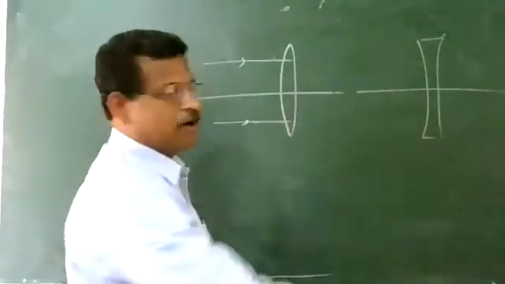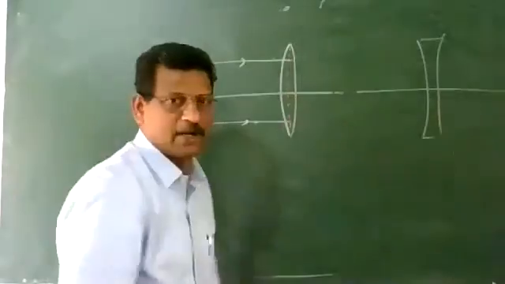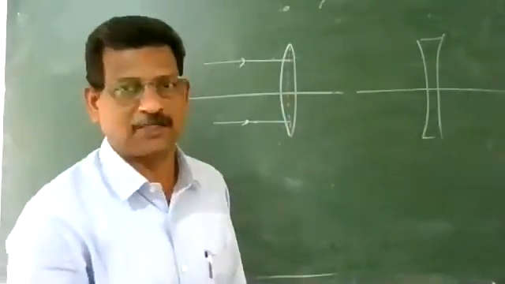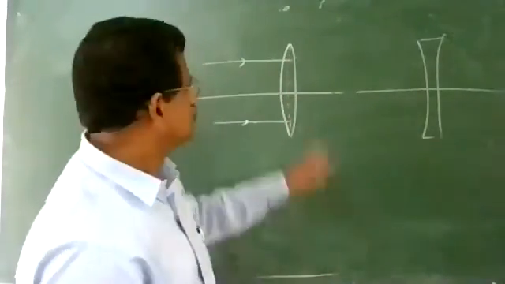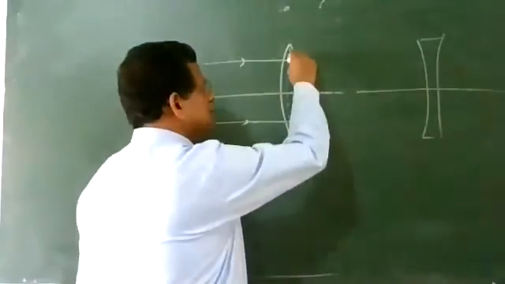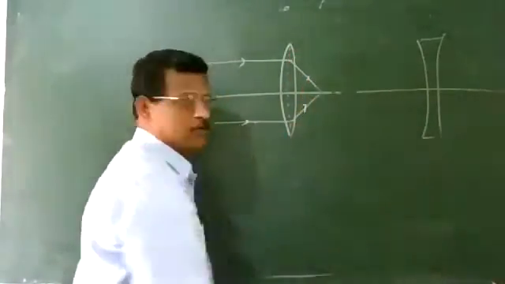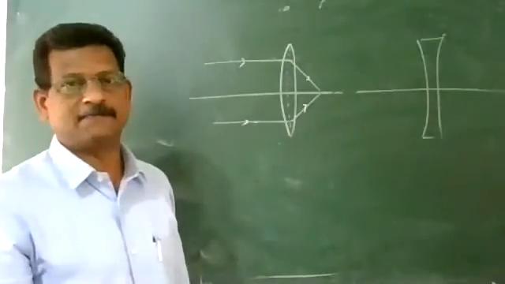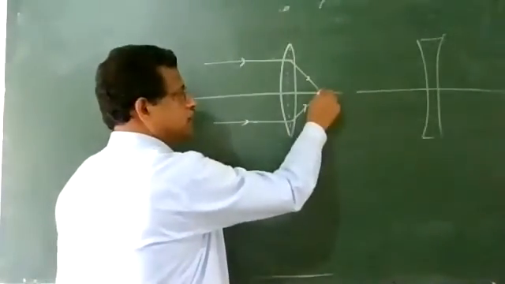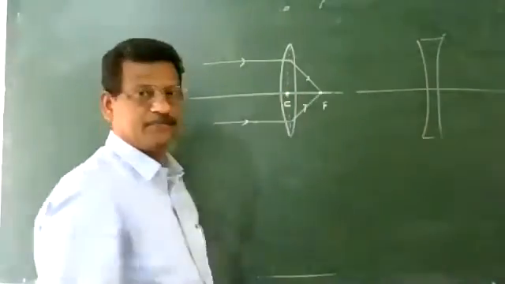Now I am showing only one bending, at the middle of the lens. After that I will explain how it actually goes, because there are two refractions we have to mark. So the rays parallel to the principal axis, after refraction, converge to a point on the principal axis. This point we call the principal focus, and this is the optical center.